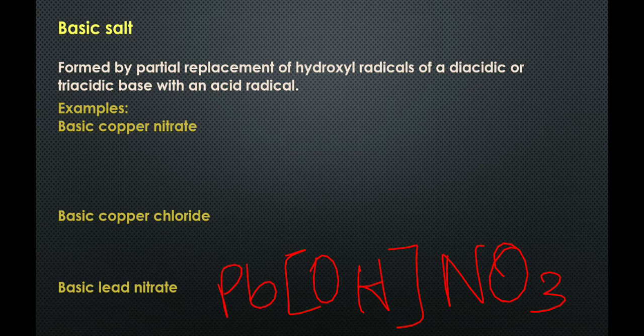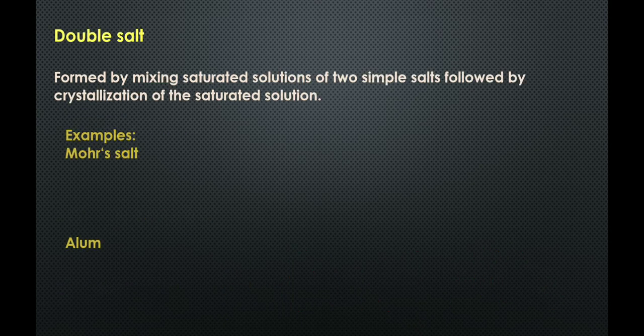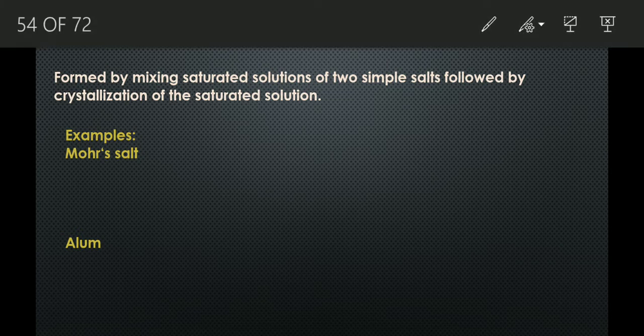Next is double salt. Double salt is a salt which is formed by the mixing of the saturated solutions of two simple salts, and after that crystallization takes place from that saturated solution. Let's see Mohr's salt. It is the mixture of ferrous sulfate and ammonium sulfate.